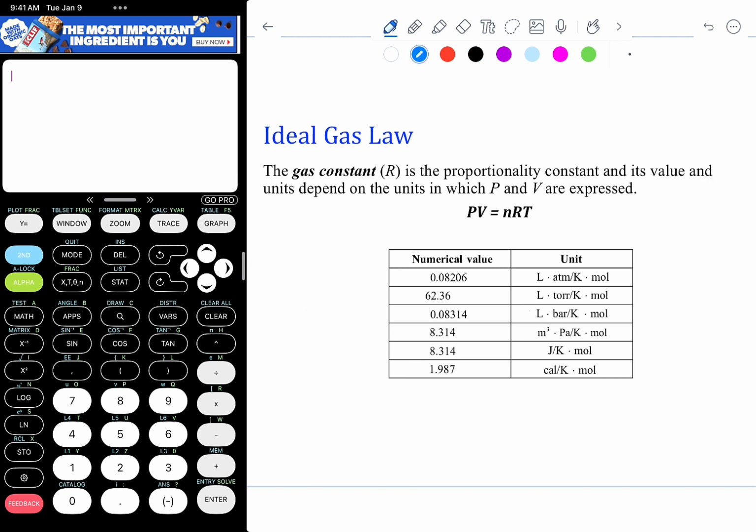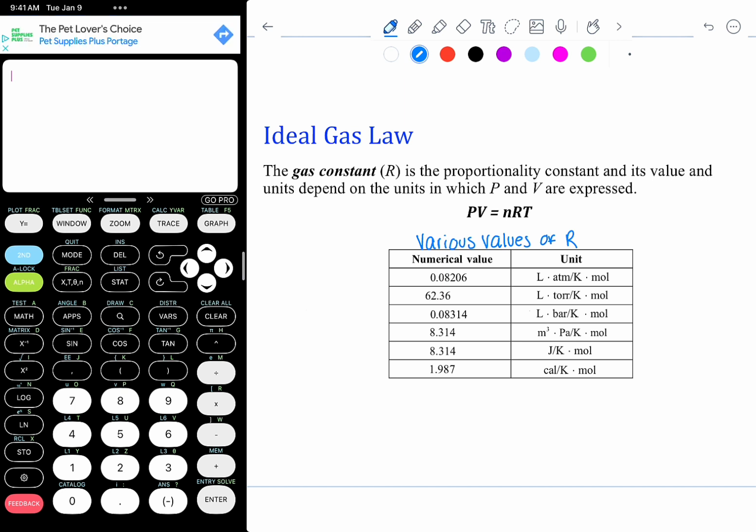So here are the various values of R. And you'll notice that their units for each value depend on the volume, the temperature, and the moles, but where they differ is in their pressure units. So we have some that are in atm, torr, bar, and pascals.